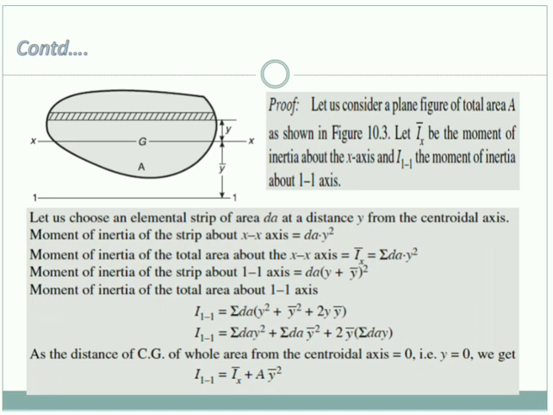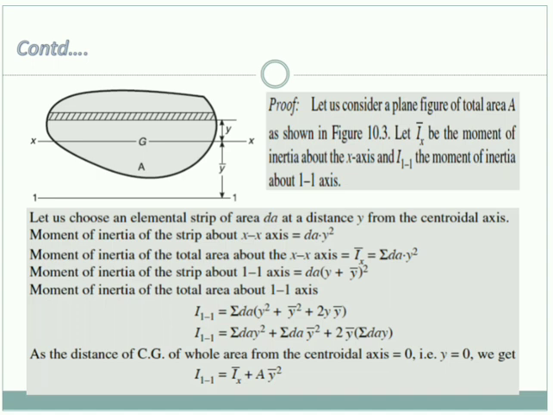Now, let us find the moment of inertia of the same elemental strip about axis 1-1. The formula remains the same, that is dA, which is the area, into square of the distance. Now, what is the distance? Y plus y bar, square. That is the distance which we are using here.